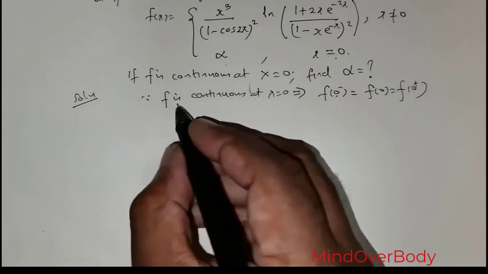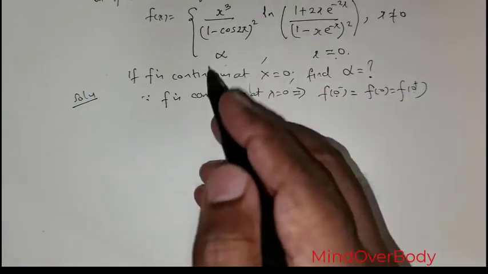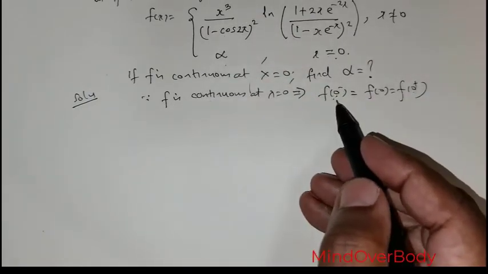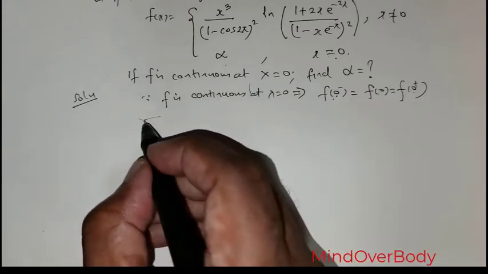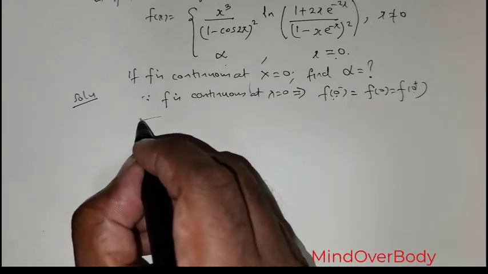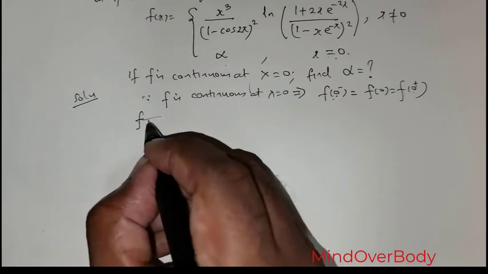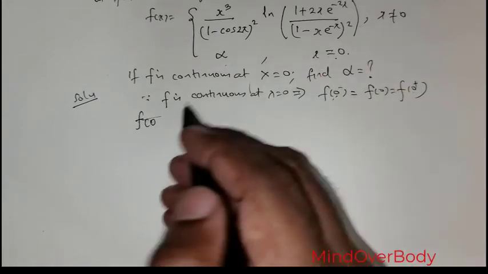So it is sufficient that we evaluate just one component and then start the equating process. I'm going to start off with f(x) for x not equal to 0.